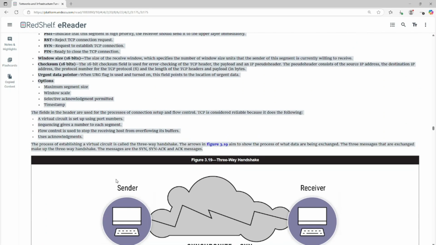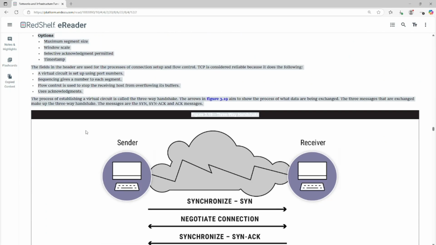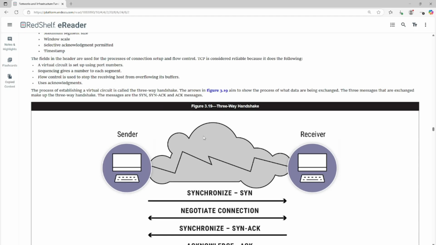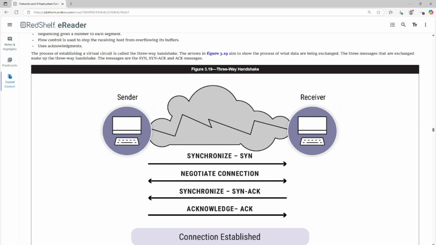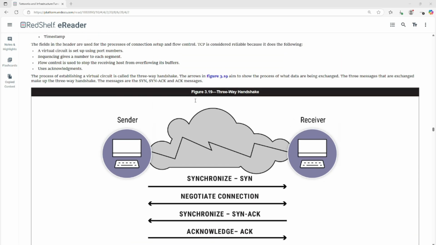You could also read this to understand the three-way handshake: SYN, SYN-ACK, and ACK. It's pretty explanatory on how handshakes occur within TCP.